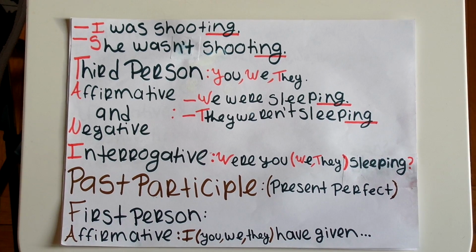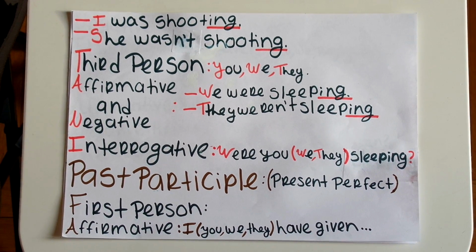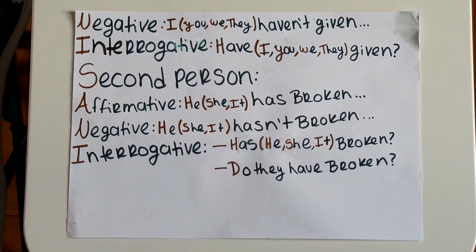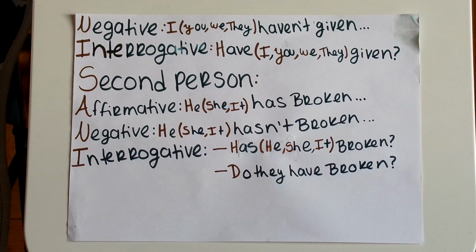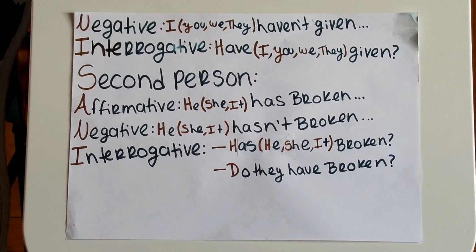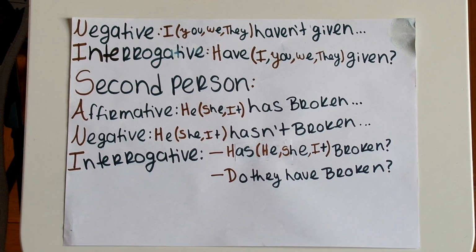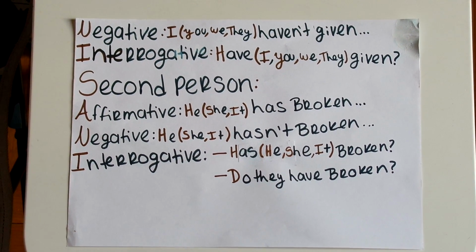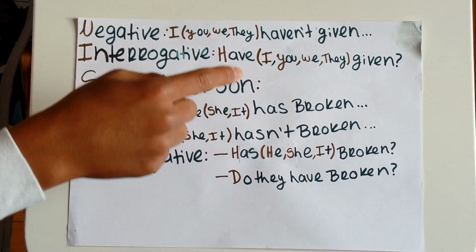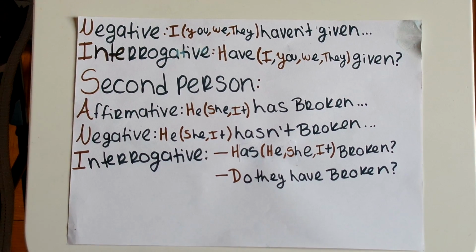Here we continue to the negative one. I, you, we, they haven't given. Here we have again the connectors that are here in this case have, and in this one have not, making it shorter, haven't.